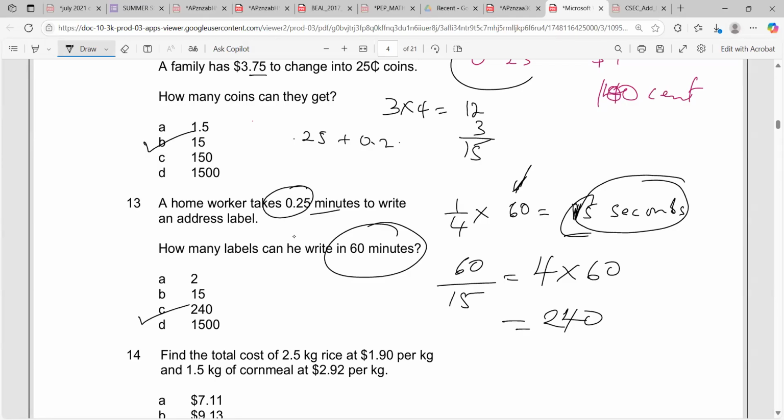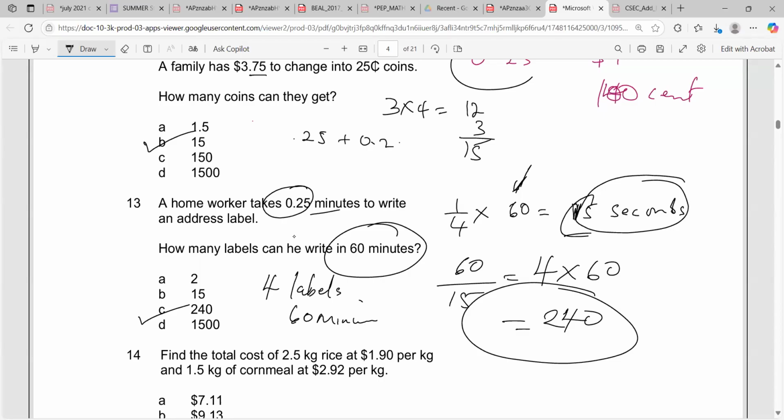Now you're going to use 60 minutes. So in every minute, the person is going to do 4 labels. So if you're doing it in 60 minutes, it means you're going to do 60 times 4, which is 240. So you do a total of 240 labels in the 60 minutes.